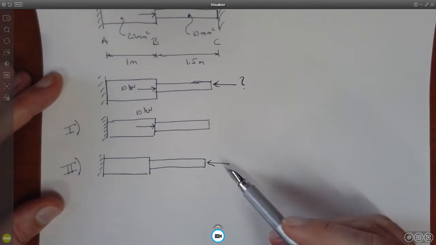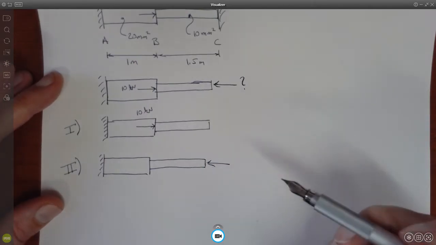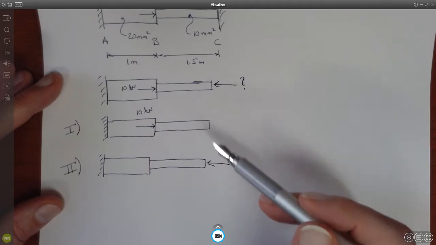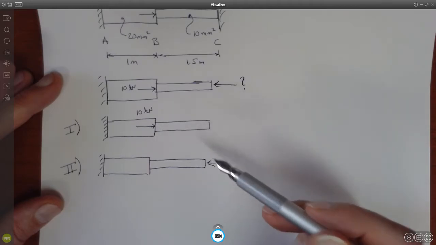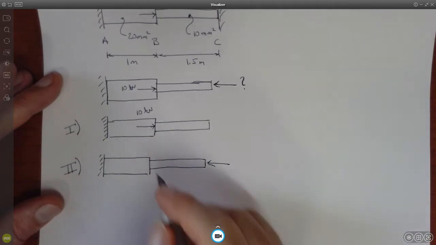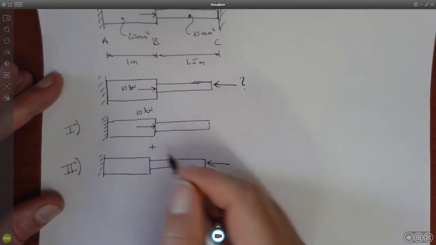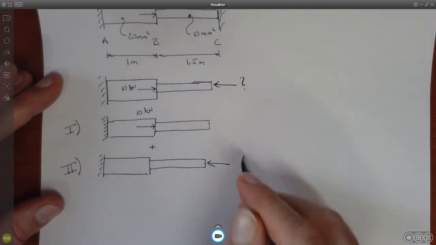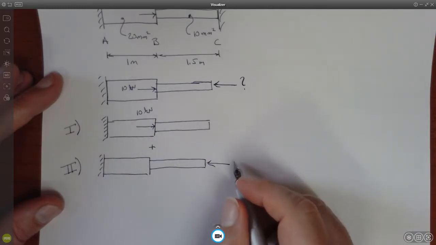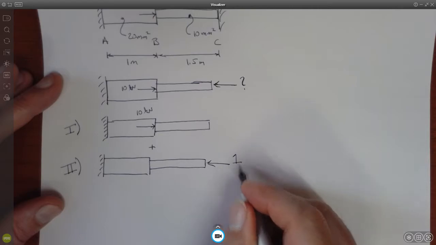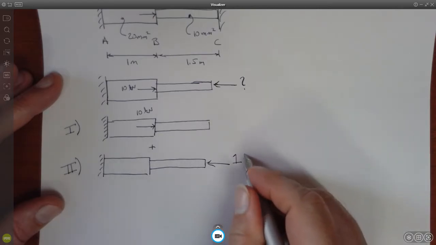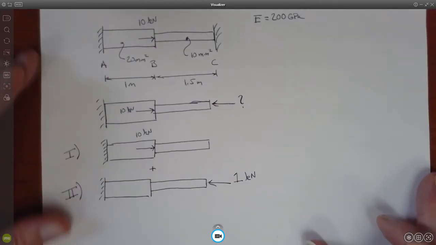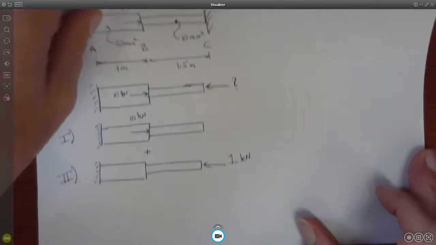Now we really don't know what this is that maintains the length of the entire section, that prevents it from elongating. But since we're going to consider the superposition of these two, I can isolate the effects of this. So I'm going to just give this a unit value. I'm going to give it a value of 1 kilonewton. You can pick whatever you want, but you'll see why 1 is a nice number because we'll just scale it.